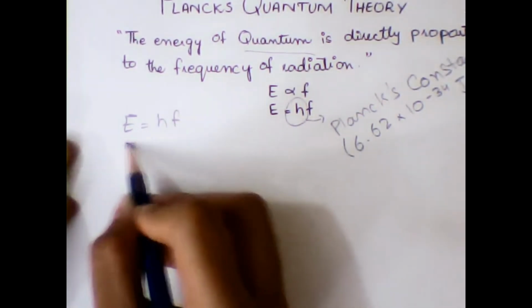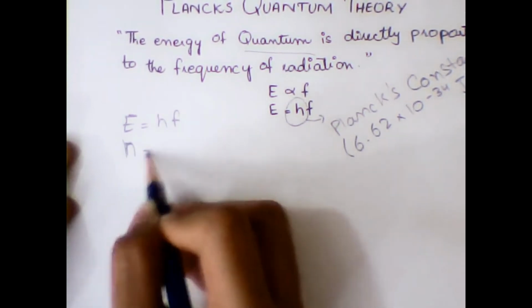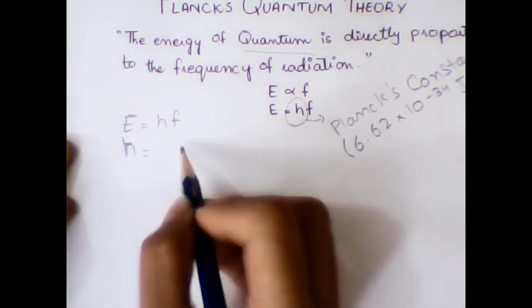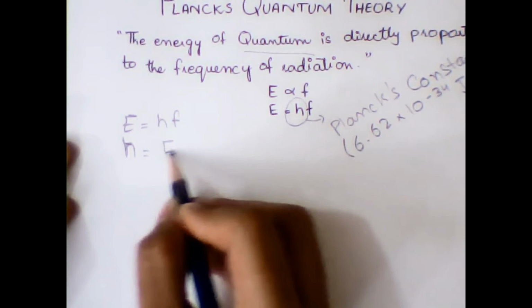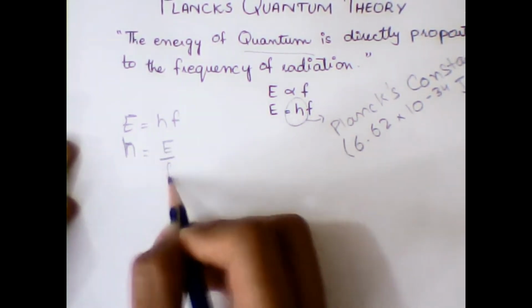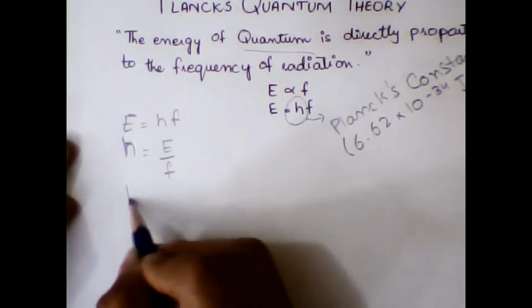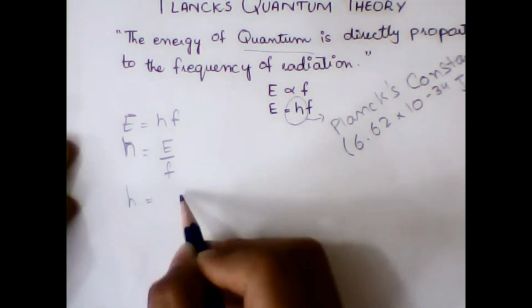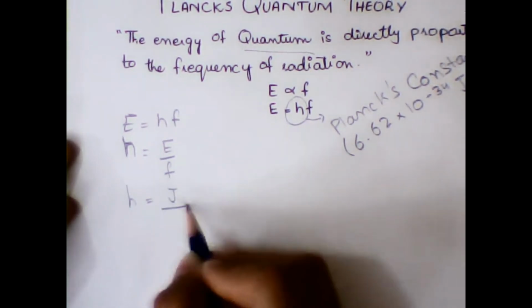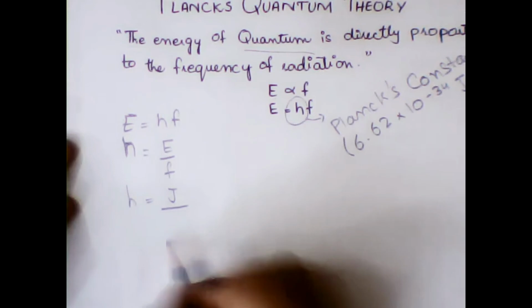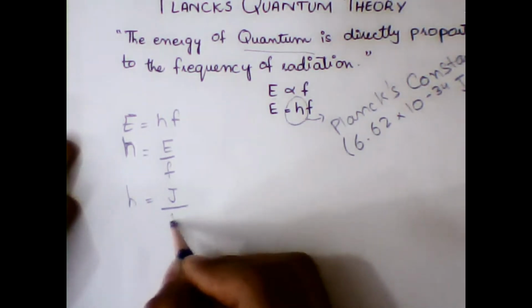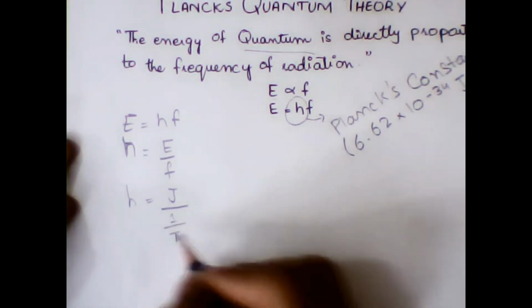From the mathematical representation, we can use simple maths. This F goes here in the denominator. Energy is measured in joules, and frequency is the reciprocal of the time period.